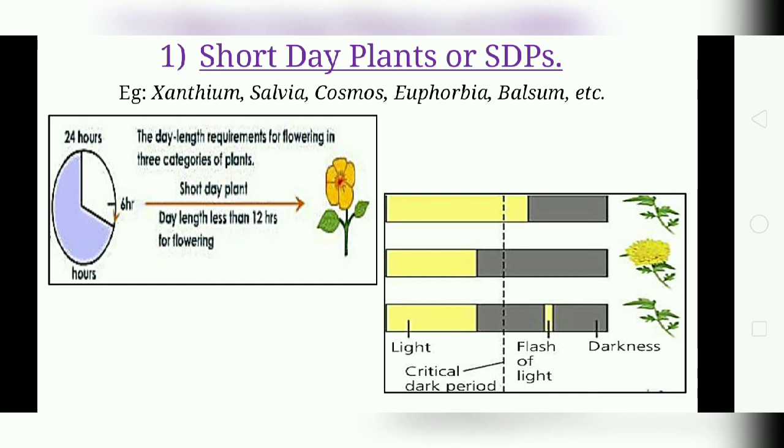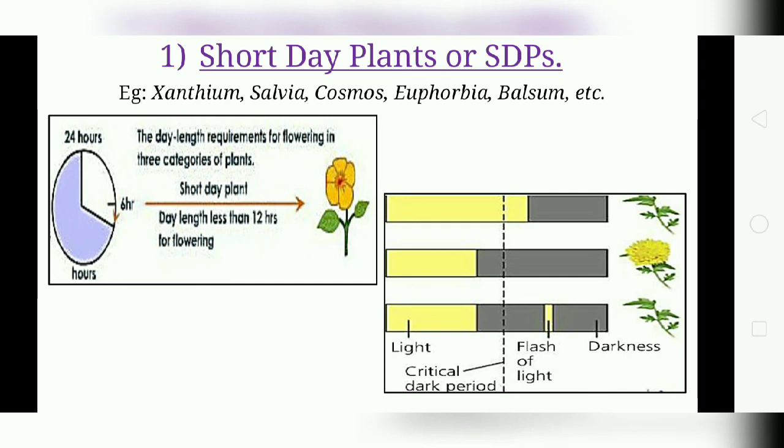The critical daylight differs from species to species. In short day plants, actually it is not the daylight period but the length of the night period, or dark period, that is critical, and hence short day plants are actually long night plants.